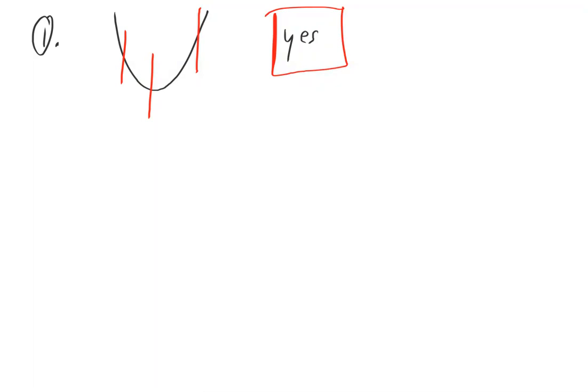Then number 2 is this, f of 5 plus g of 5. So first let's look at f.